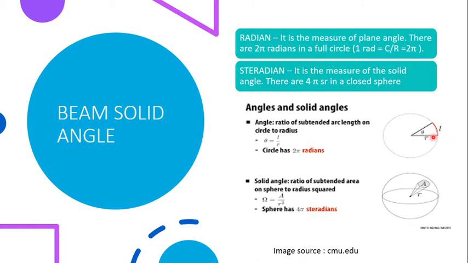So r gets cancelled. 2 pi r by r gives us 2 pi radians. And when we talk about solid angles, it is the area divided by square of the radius. So area of a sphere is 4 pi r square divided by r square gives us 4 pi. So we say that a sphere has 4 pi steradians.